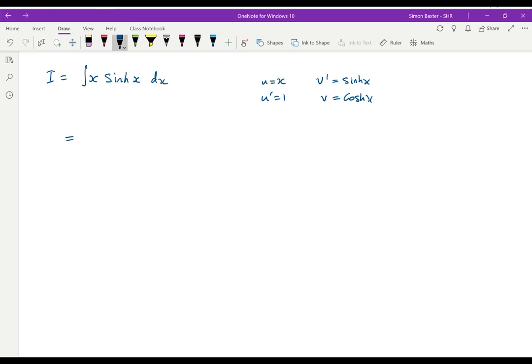This is now going to be the integral. Well, before we get to integral, uv, which is x cosh x, minus the integral of v, which is cosh x, times du by dx, which is 1 dx, which is x cosh x minus sinh x plus c. Quite straightforward using our trig techniques.